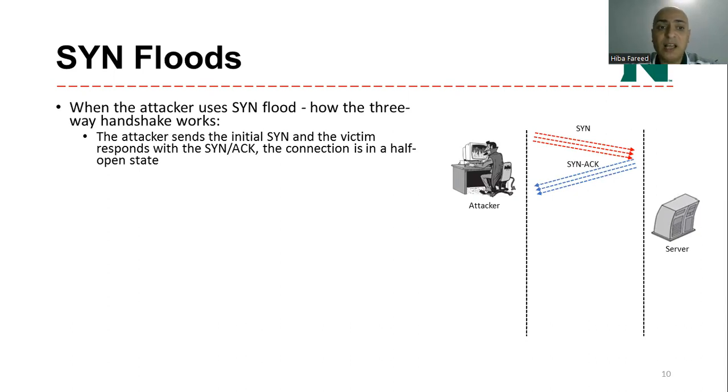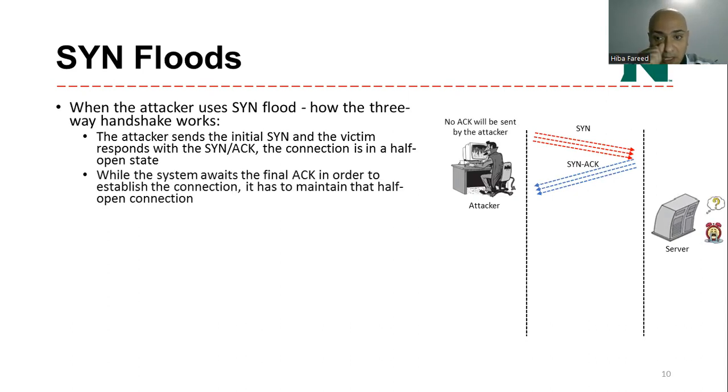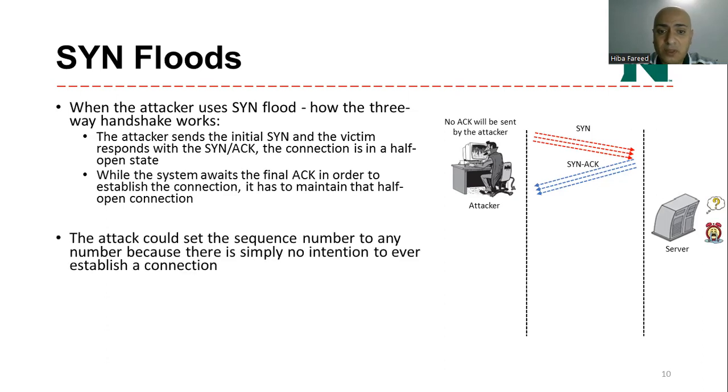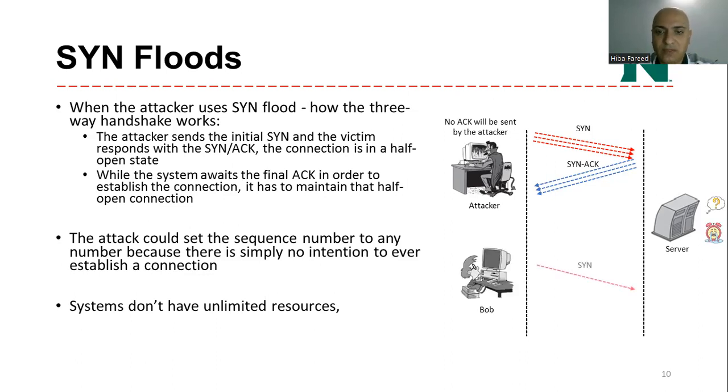We name this the half-open state. And when the normal user tries to communicate with that server, he will not be able to, because the server is still waiting and waiting to receive a synchronize response, which was already sent but never arrived.